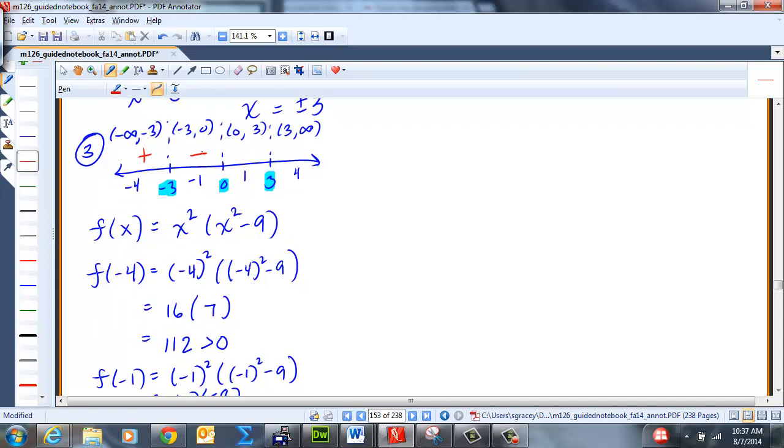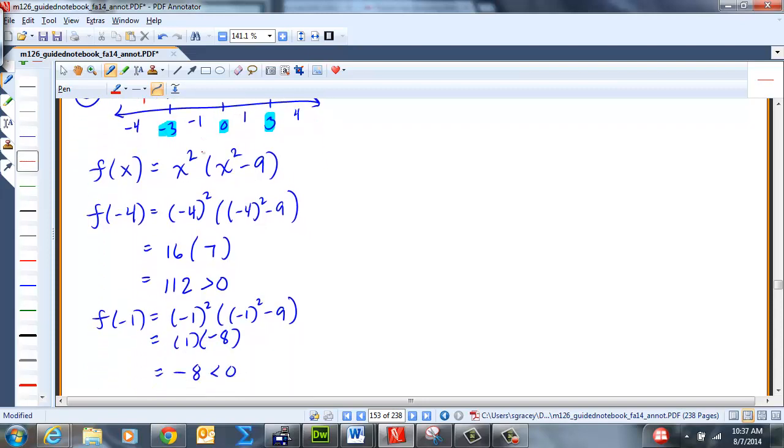Now, if you guys were very observant, you may notice that you're going to get the same values for +4 and +1 because the negative was squared away. So this guy we can actually say is going to be equivalent to f at 4, and this guy is going to be equivalent to f at 1, because we have an even function.